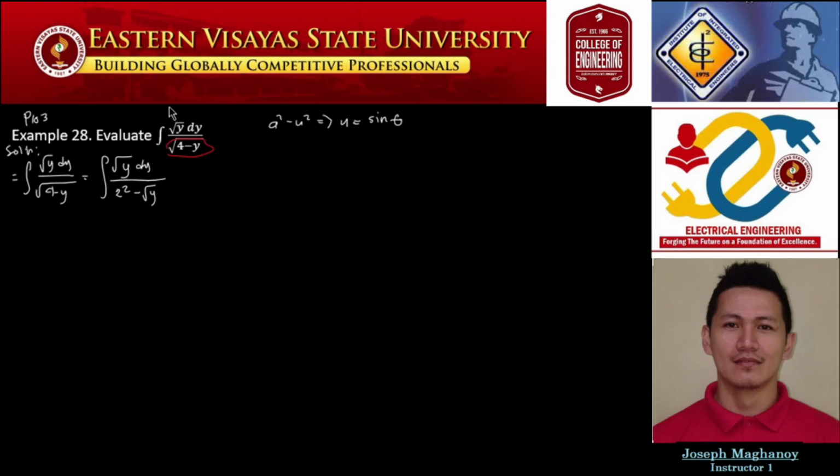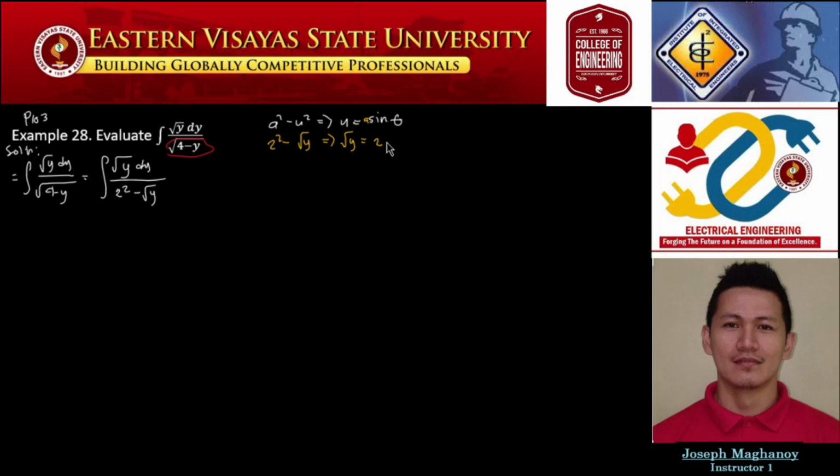So we align. For our a, that is 2 squared. For your u squared, that is your square root of y. Therefore, you can write square root of y equal to 2 sine theta, where 2 is your a.